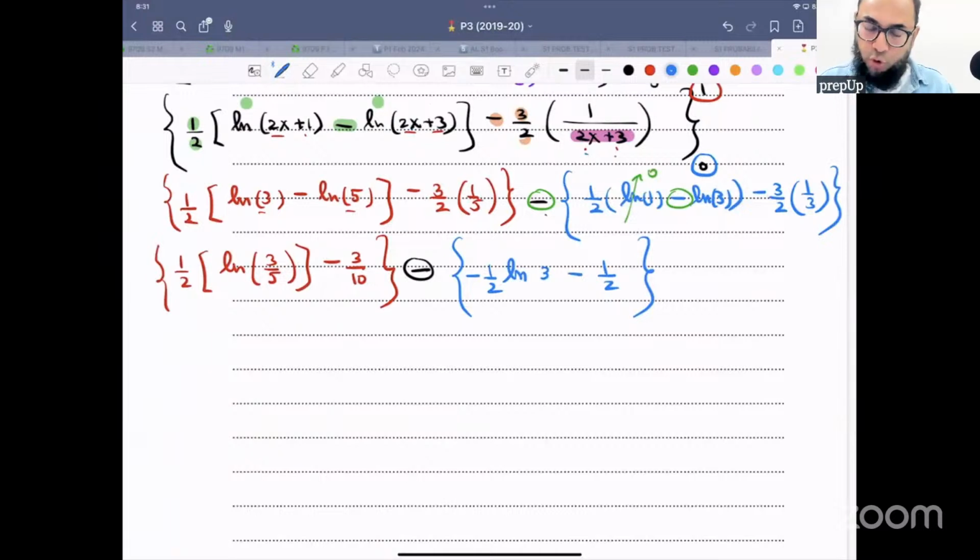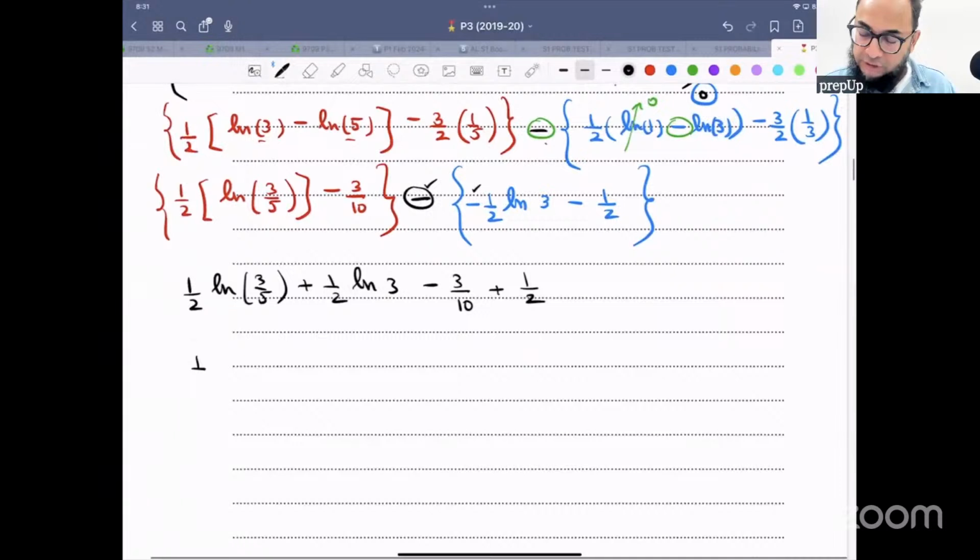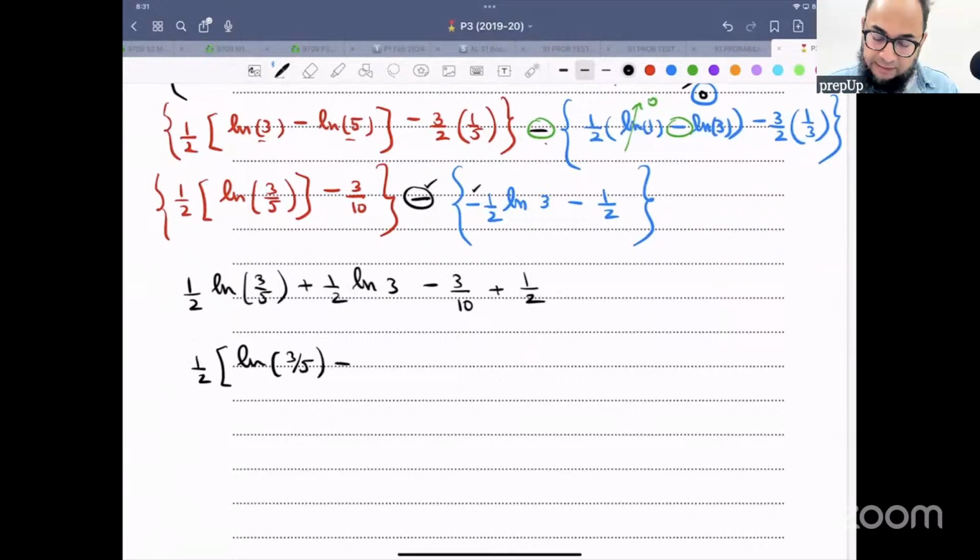Now let's open up the sign. So this is half ln 3 over 5. And this minus makes it positive. That is half ln 3. This is minus 3 over 10. And this is positive half. Half common. This is ln 3/5 plus ln 3.